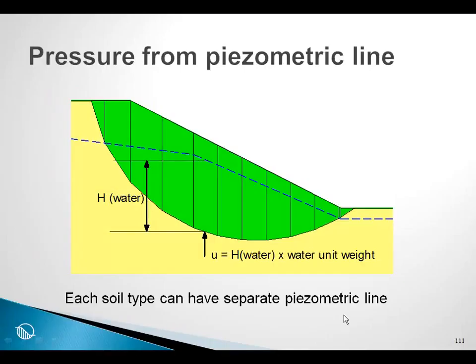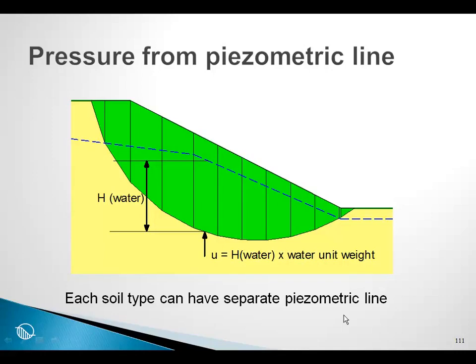A very common way of describing pore water pressure conditions in Slope W is through the use of a piezometric line. All too often, only one piezometric line is used to describe the pore water pressure conditions. This is done often, I'm certain, because people think of the water table and think of the piezometric line as the water table within the slope configuration.